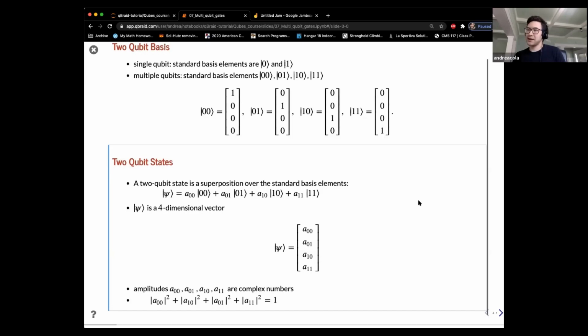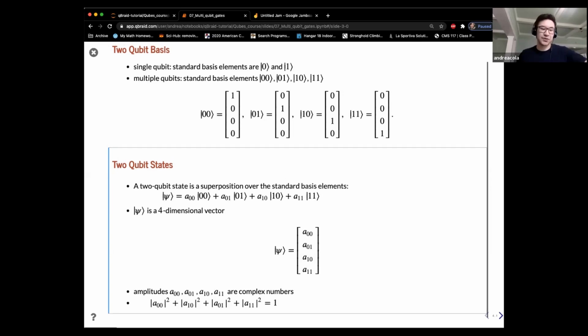Just like in the qubit case, this A00, A01, etc. are complex numbers, and we still have a similar requirement as we had before. Remember, in the qubit case, we required that the norm of the vector for a qubit state was 1. We have the same requirement here: the norm of the vector should also be 1.